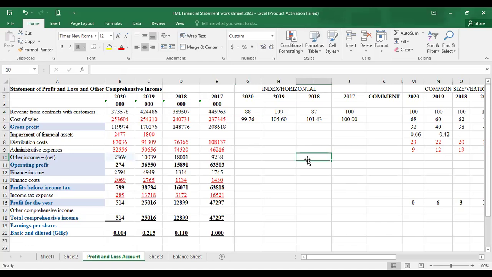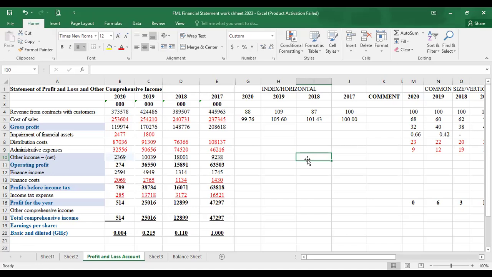Yes, you can say that. But in terms of the line items, basically, you can't use one without the other. If you want to do a very good type of analysis, you can't use one without the other.